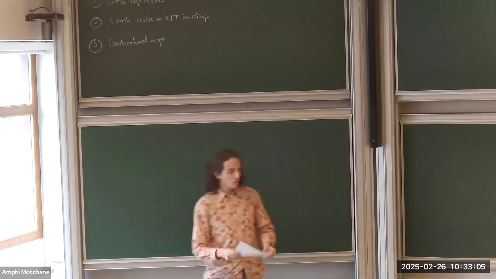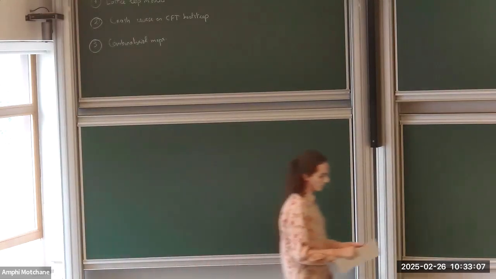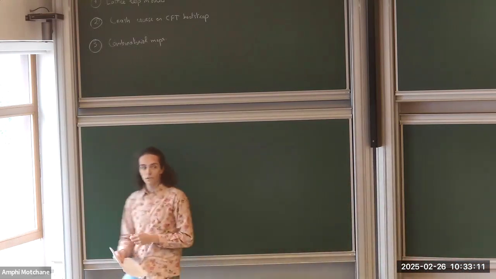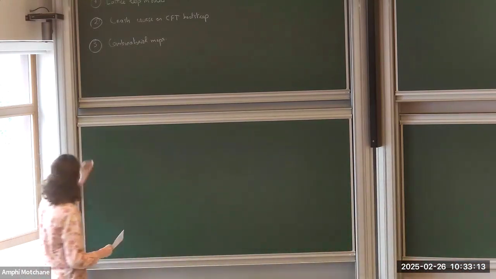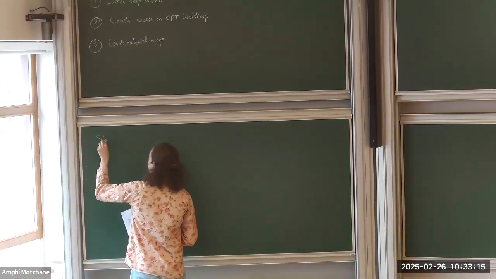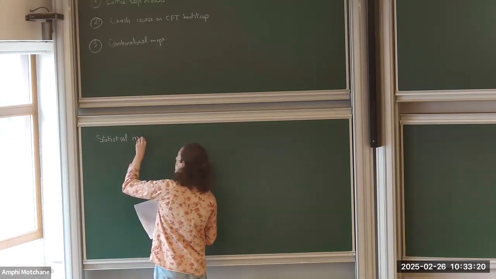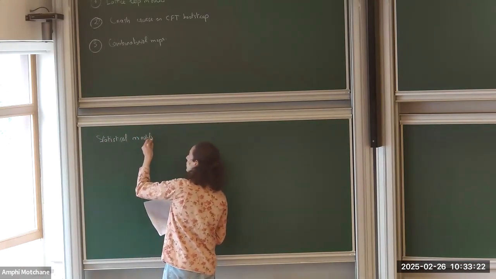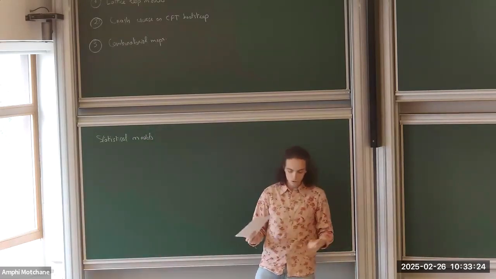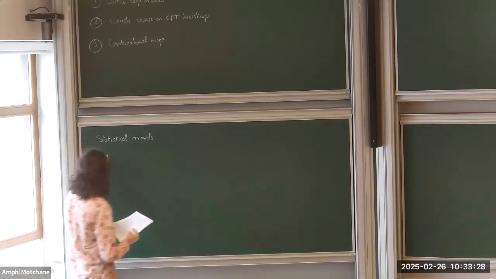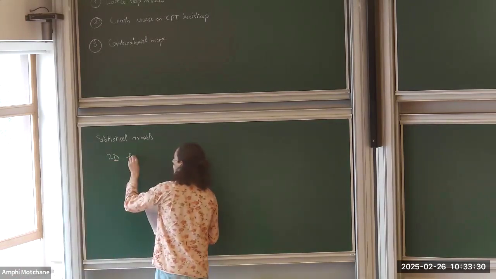All right, so let's get going with the first part. So what are loop models? Loop models are statistical models. The version I study is defined on two-dimensional lattices.